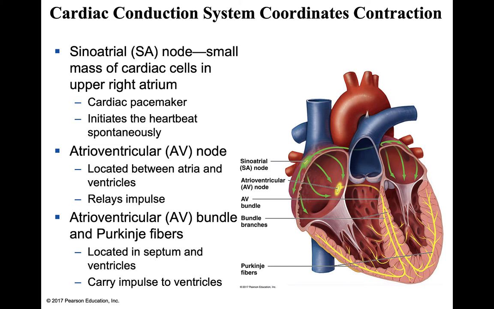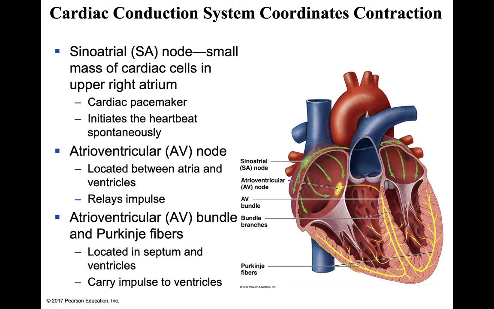So one of the things that you want to be comfortable with are the structures that make up what we call the conduction system of the heart. Now, it starts off over here. This area is called the sinoatrial node or the SA node. That is the pacemaker.